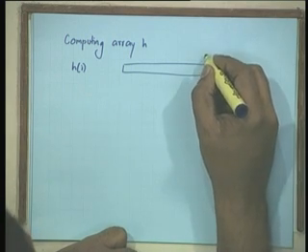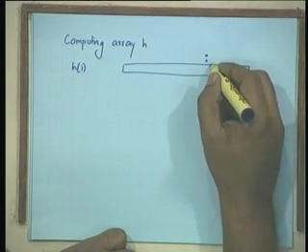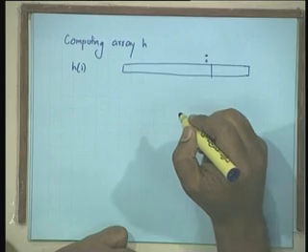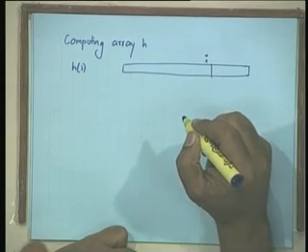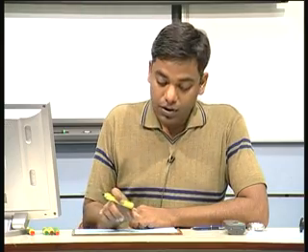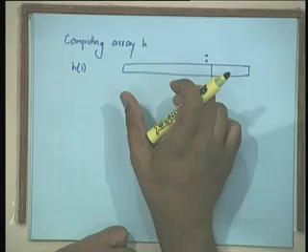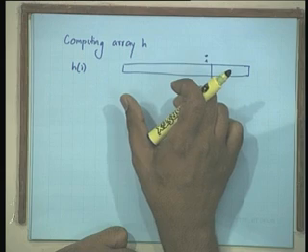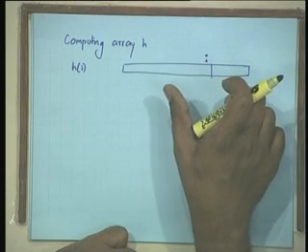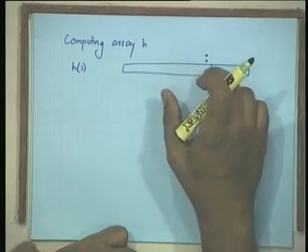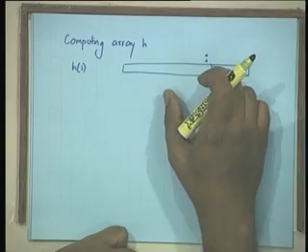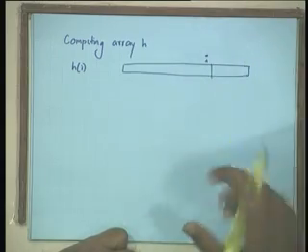This is the ith position. What is H of I? Who can remind me what H of I is? The longest proper prefix of the pattern, which is also a suffix of 1 through I, and the next characters have to be different. Okay?